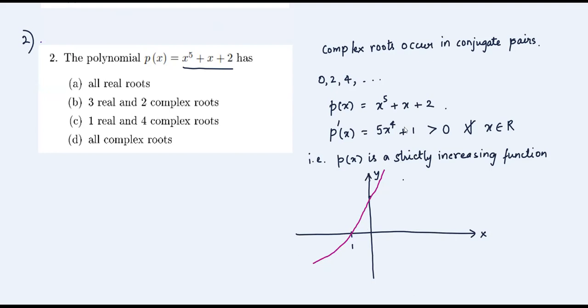It is continuously increasing. That means once it cuts the x-axis, it will never cut the x-axis again, just because of the first derivative test, which means it will have only one real solution. Remaining 4 roots will be complex. So answer is C.